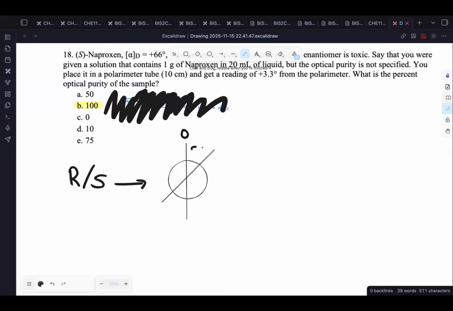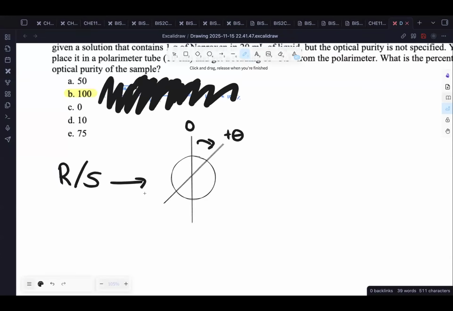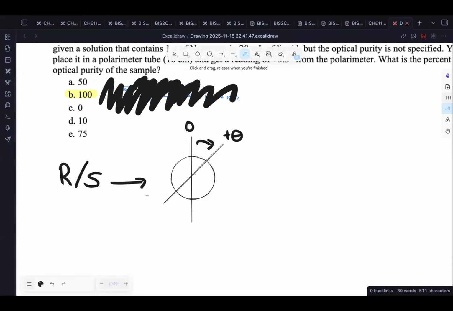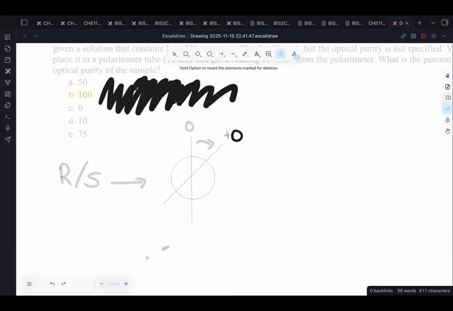So this is an example of positive theta. This is an example of what some enantiomers could do. They can go the other way. So it can go positive, it can go negative. But we don't need to know exactly if R goes positive or negative because that's completely unrelated.